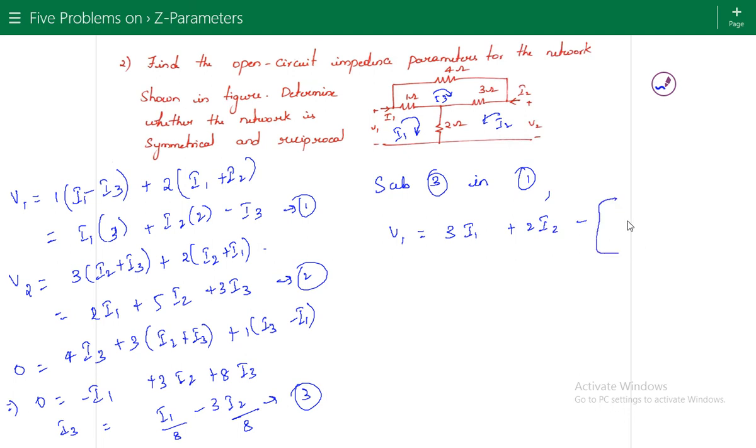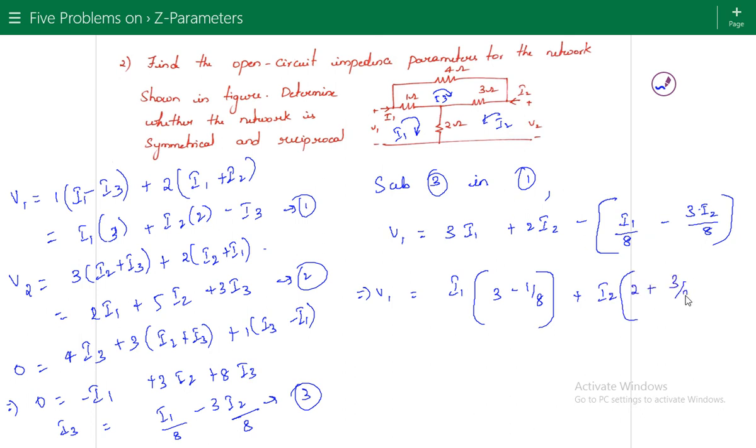In place of I3 I write I1 by 8 minus 3I2 by 8. Taking I1 common, I get 3 minus 1 by 8, plus I2 common, I2 into 2 minus of minus, plus 3 by 8.